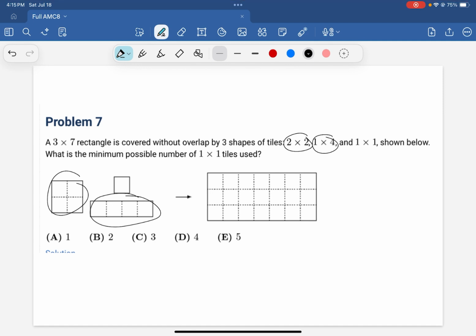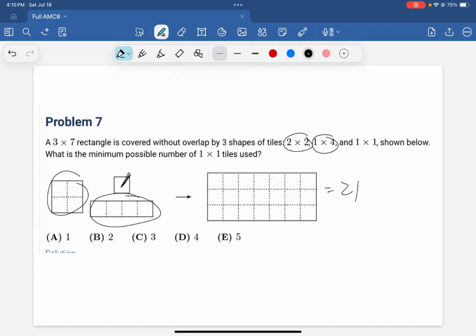And this 1x1 tile is the only tile that is not a multiple of 4. And a 3x7 rectangle is going to have 21 squares. So the number of 1x1 rectangles is going to be the same remainder when divided by 4 as 21.